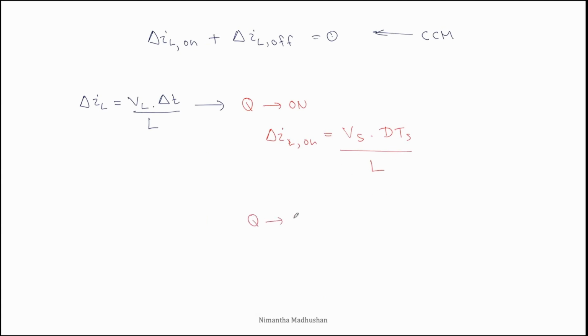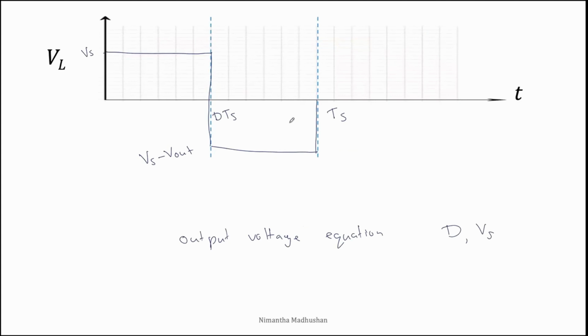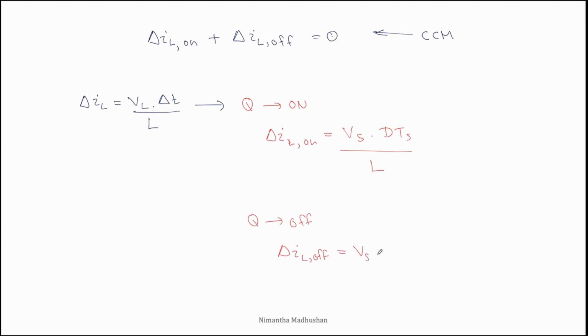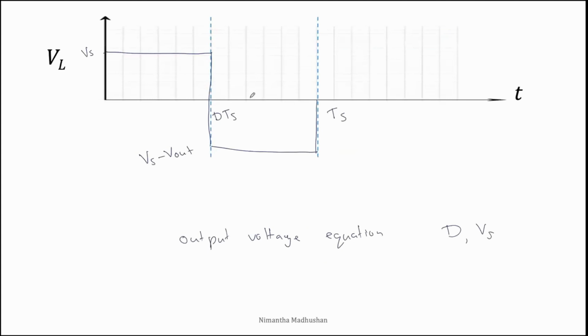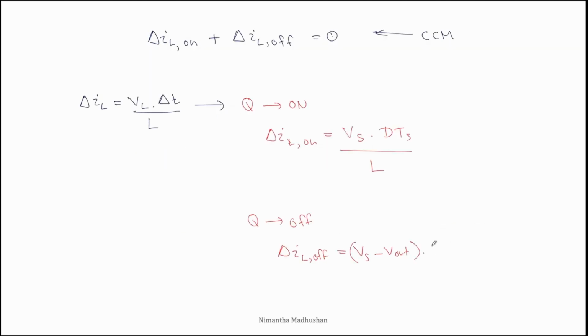And when Q is off, we can write delta IL off is equal to the inductor voltage. From this one we can get Vs minus Vout, into this time duration, which is Ts minus dTs.